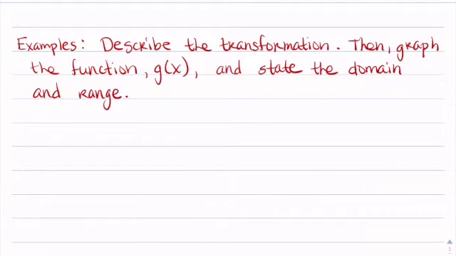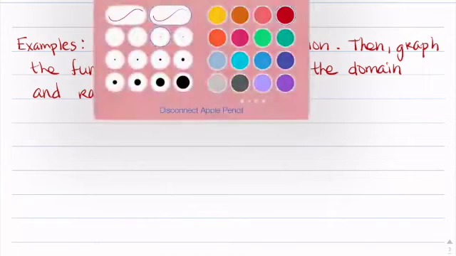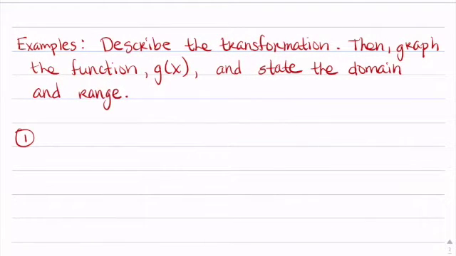All right, so for example number 1, I'm going to change colors here. My f of x, my starting point, is just the basic square root function, square root of x.